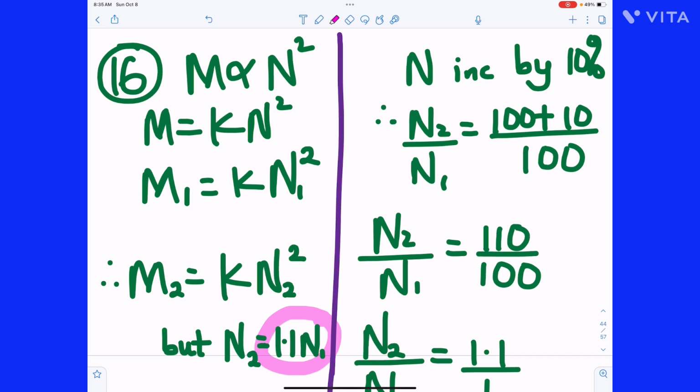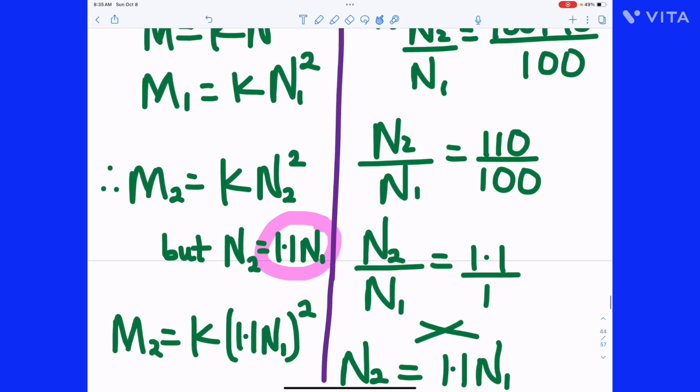Now, n2 over n1 will now be 110 over 100. So if you simplify this correctly, you will get n2 over n1 is equal to 1.1 over 1.